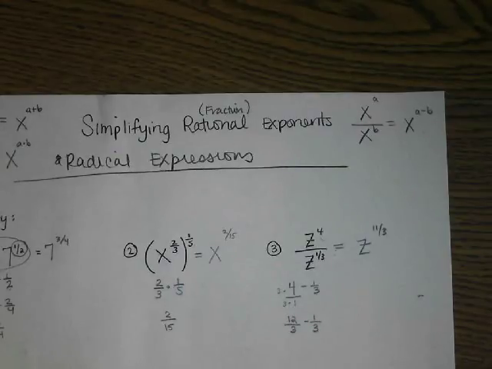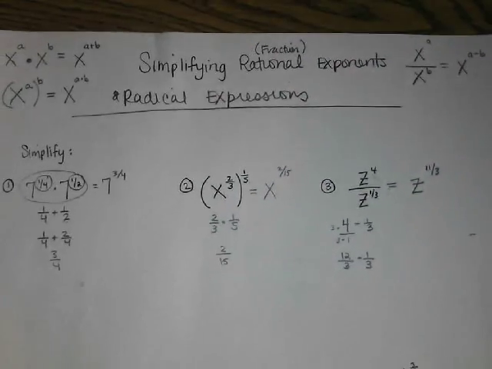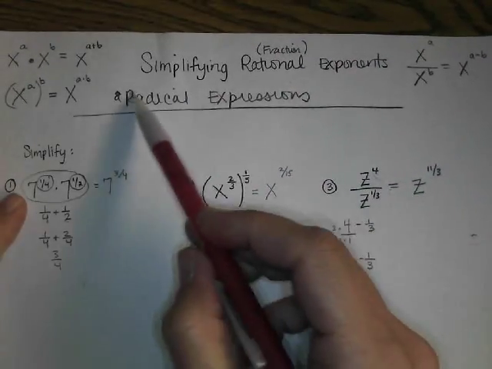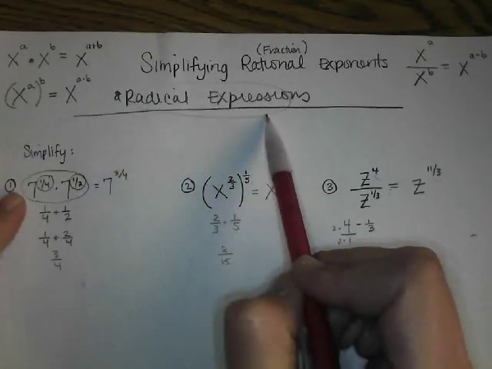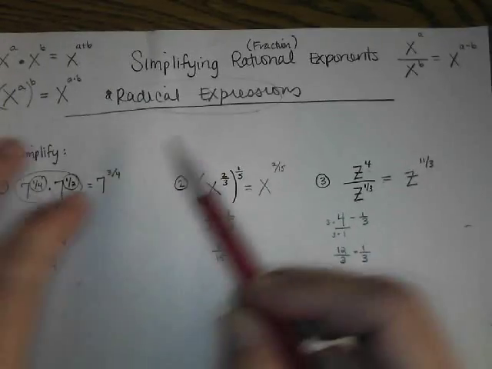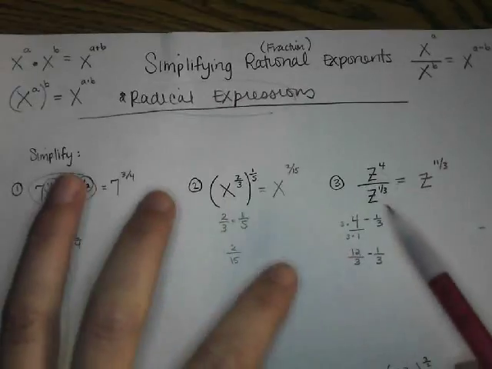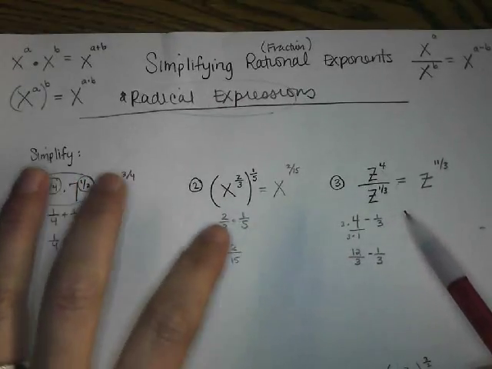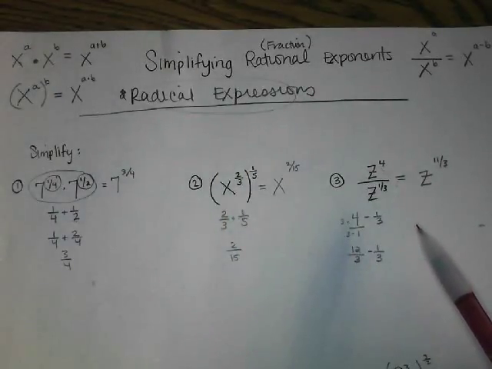Now, those exponent rules are a must, okay? Once all that simplifying is all said and done, then we may be asked to bring something to a radical expression, okay? But all the simplifying should be done in exponential terms, okay? You want to follow your exponent rules.